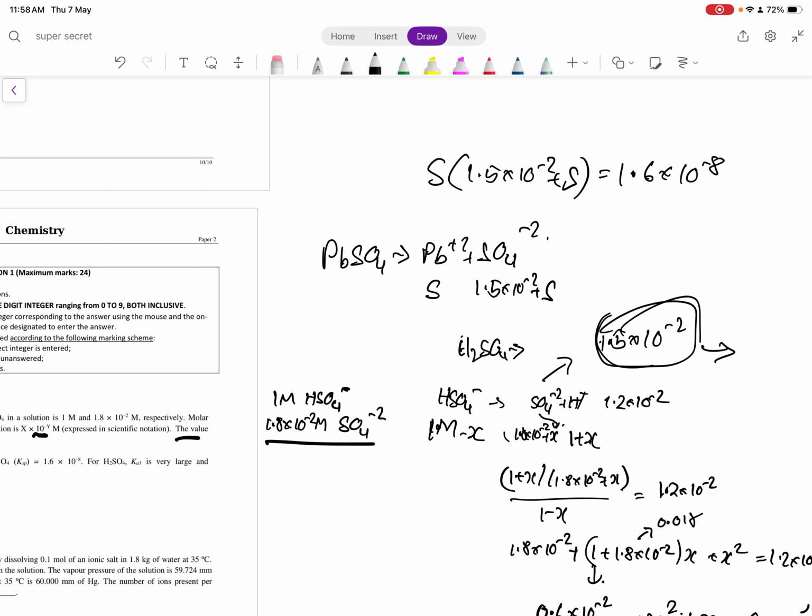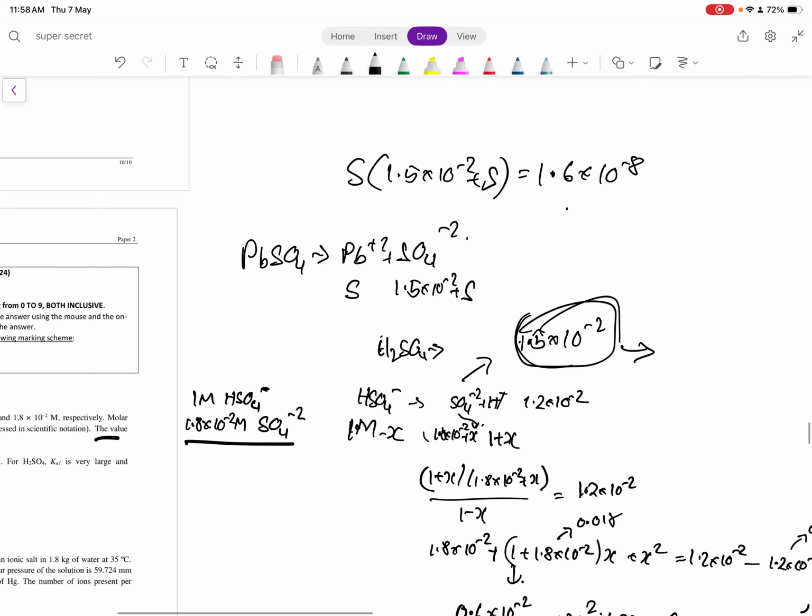Is S going to be much smaller? So S is approximately 1.6 into 10 power minus 8 by 1.5 into 10 power minus 2. So S is nearly equal to something into 10 power minus 6.